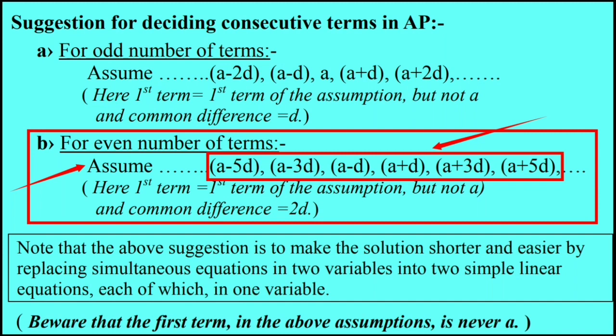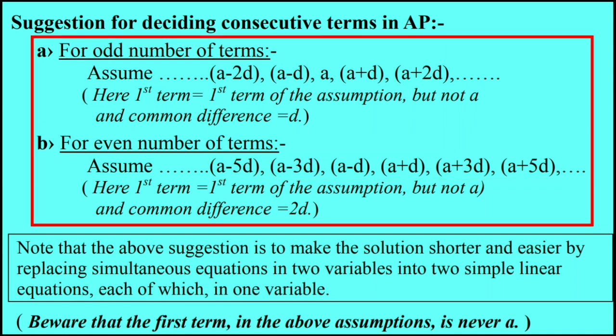And here the first term is A minus 5D and the common difference is 2D. Altogether, we are not forced to assume the values of an AP this way. It is just a suggestion, and that suggestion makes our solution the easiest. So we should follow this.